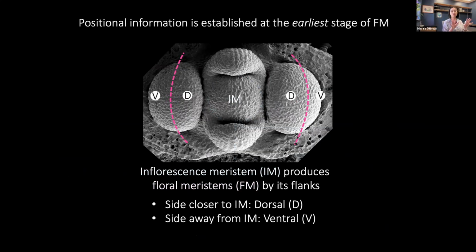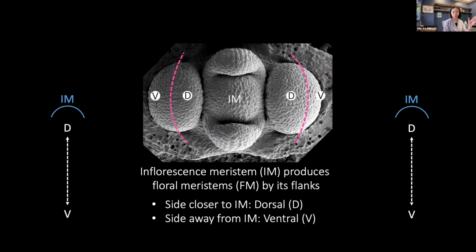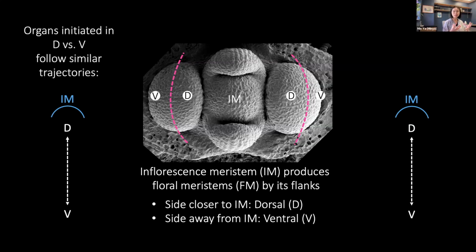So this dorsal-ventral positional information is an inherent physical property of cells in the floral meristem, using the inflorescence as a reference point. In some species, the cells in the floral meristem do not respond according to their positional information. So organs initiated in the dorsal versus ventral follow very similar developmental trajectories, resulting in radially symmetric flowers.